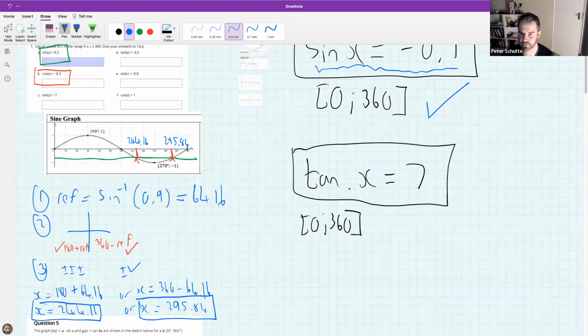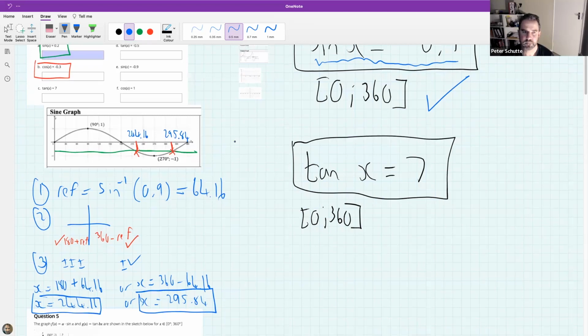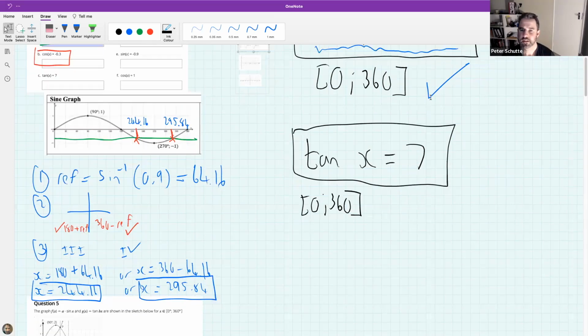And can you solve for that algebraically? What is my reference angle going to be?